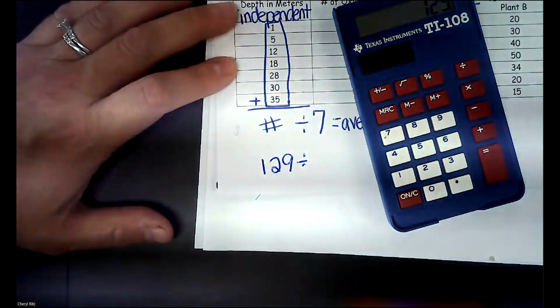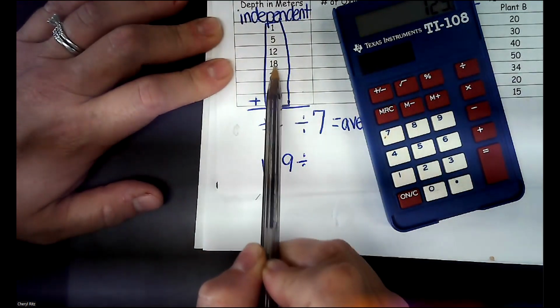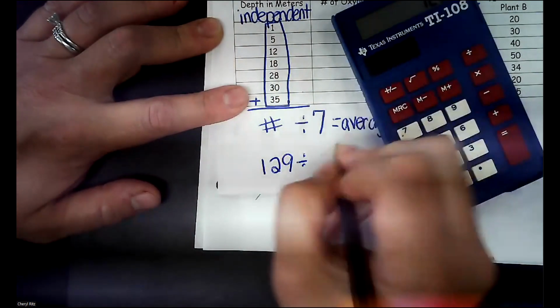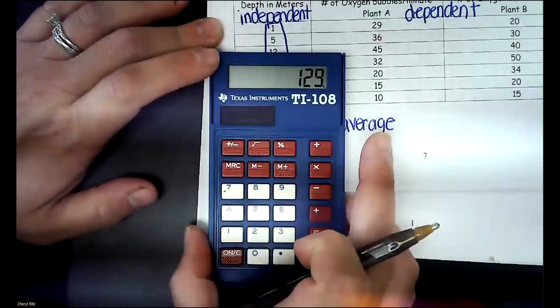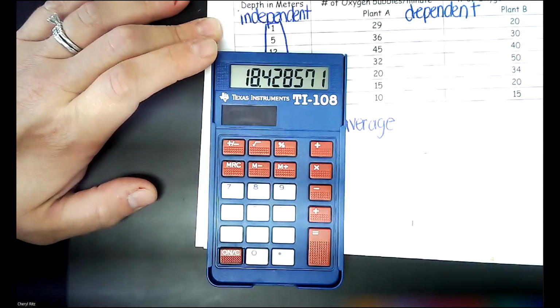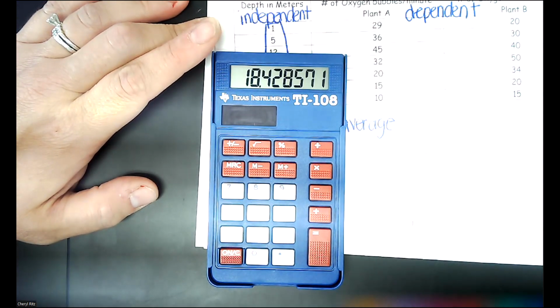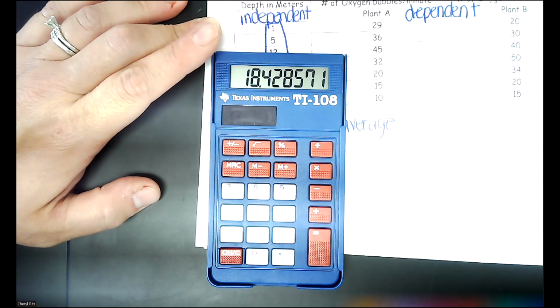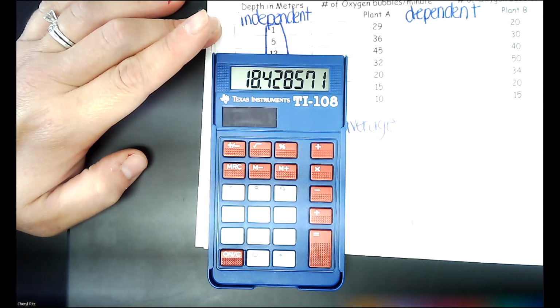Divide by 7. Where did we get 7? 1, 2, 3, 4, 5, 6, 7. So 129 divided by 7 equals 18.428571. But the directions told us to round to the 10th place.